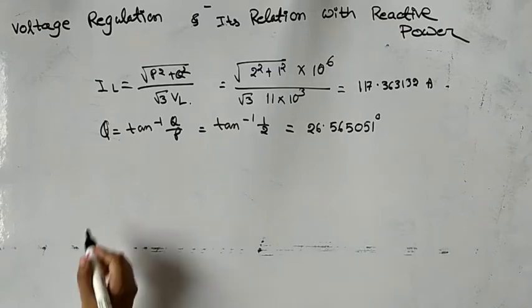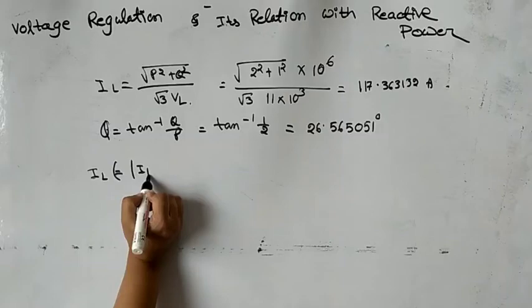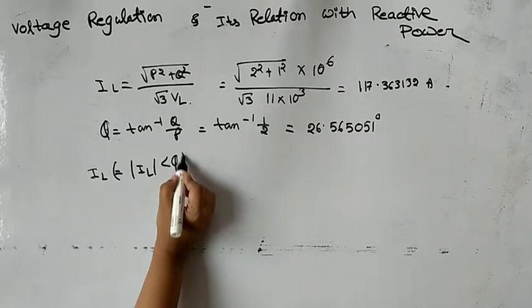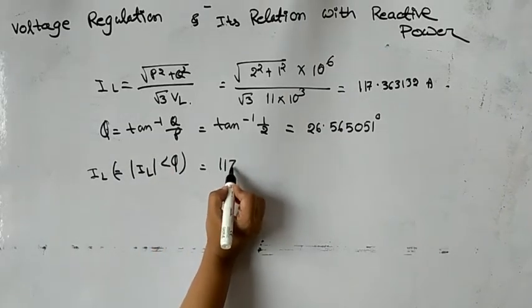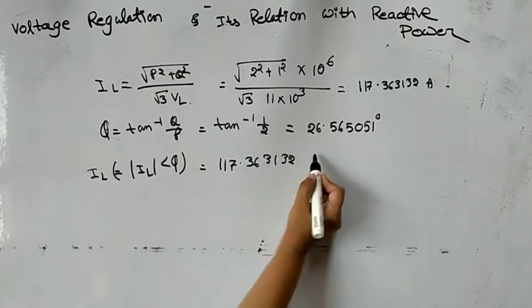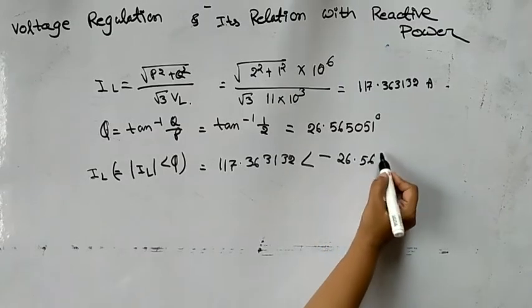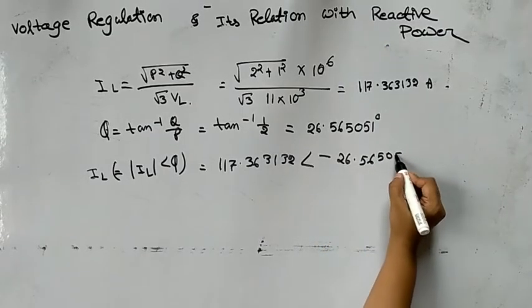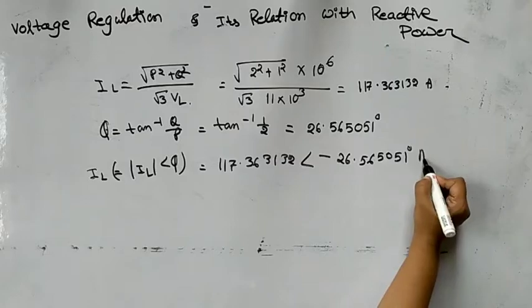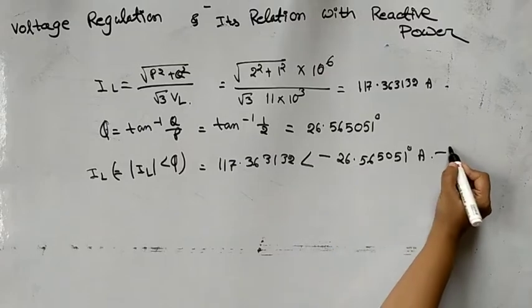Now IL equals 117.363132 angle minus 26.565051 degree ampere. So this is the answer of question 1.